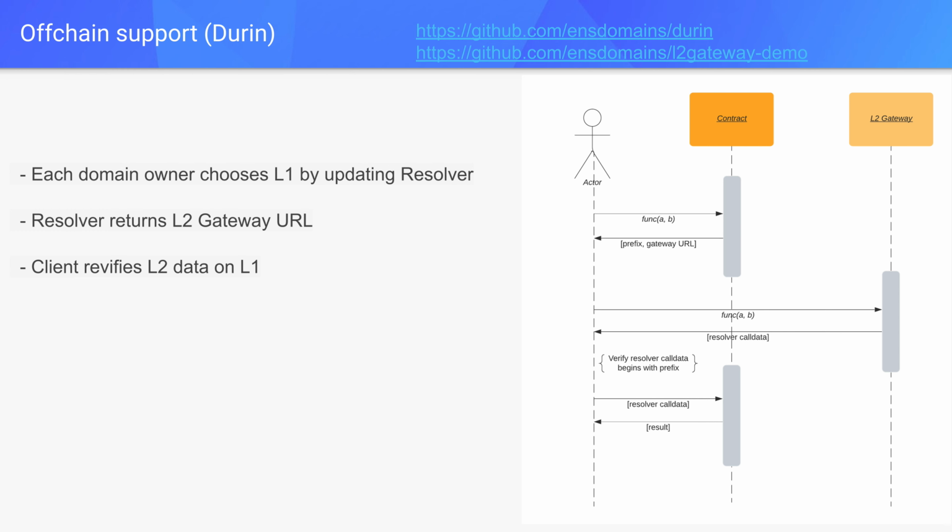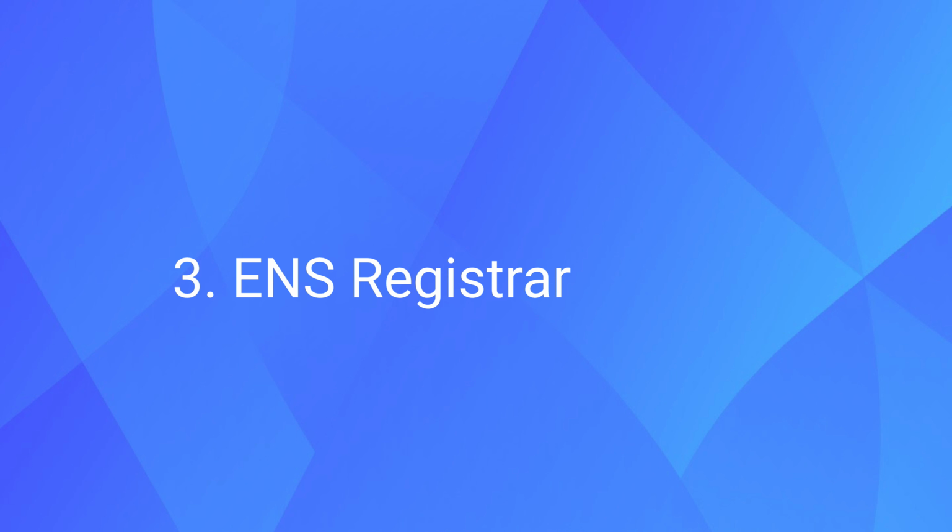Ideally, we want to support all the L2 environments, but we haven't done it yet. So one hack could be to look into Arbitrum or Starkware and see how you could fit their L2 into this Durin model.